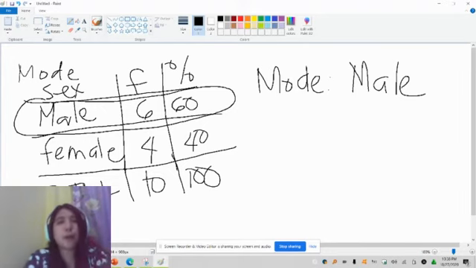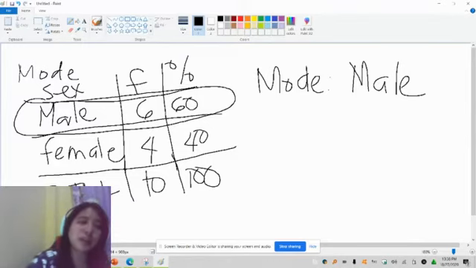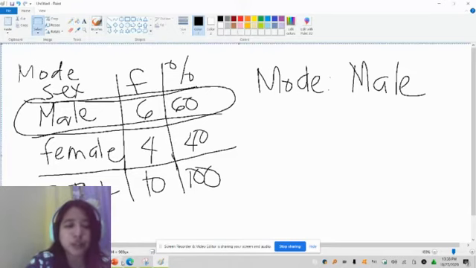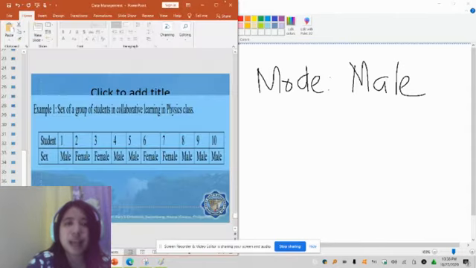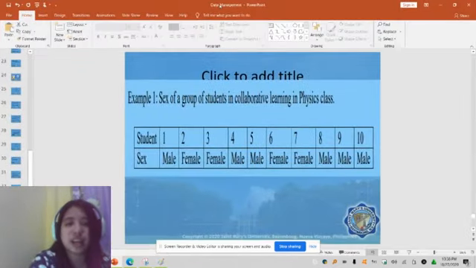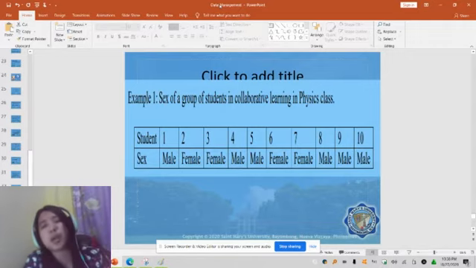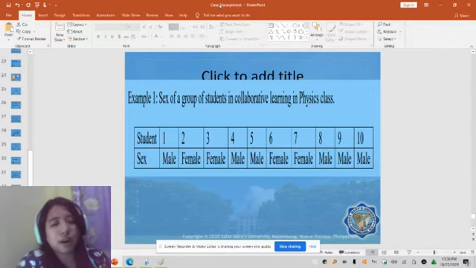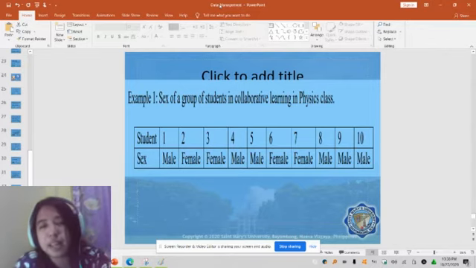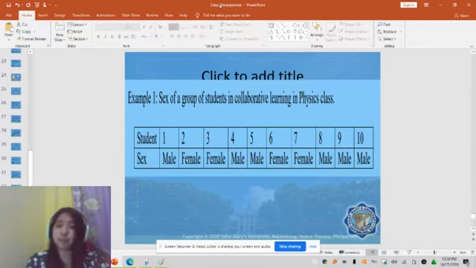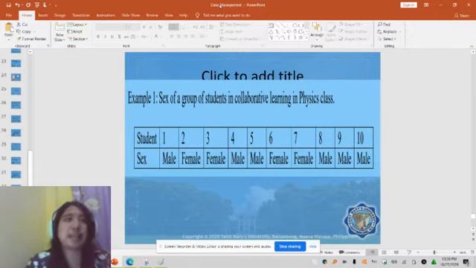Okay, so how about the median? Do you think it is possible to determine the median? Is it the male or the female? If we go back to our data, does it mean that I can arrange this, and then after arranging, determine the middle term? For example, the middle terms in this data are number 5 and number 6, which means the median is male and female.